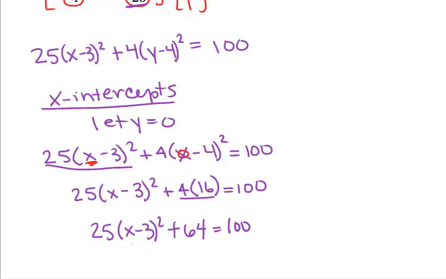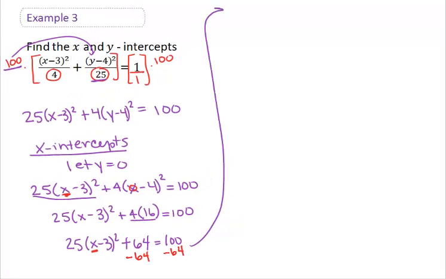I'm trying to isolate my x variable, so let's move the 64 to the other side. Gives me 25 times (x minus 3) squared is equal to 36.